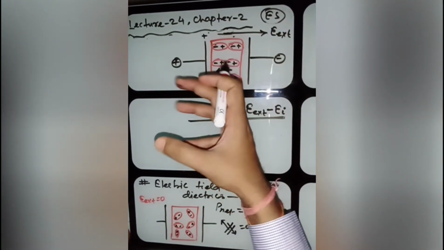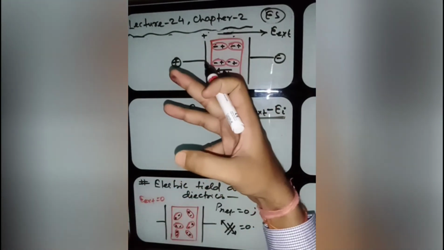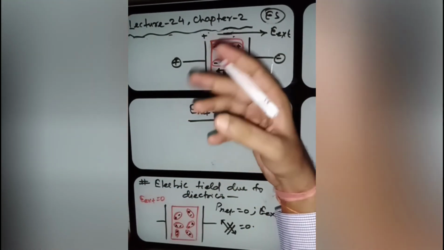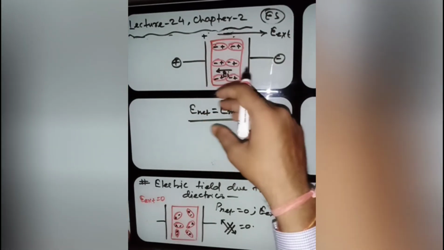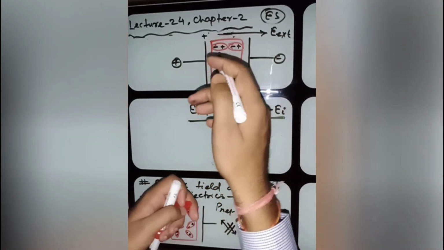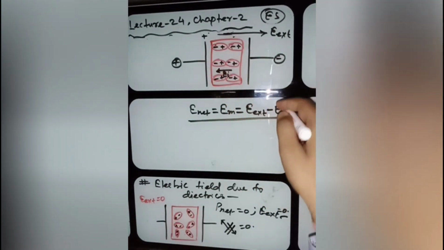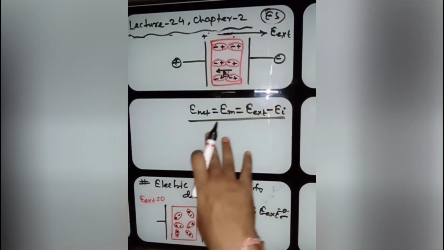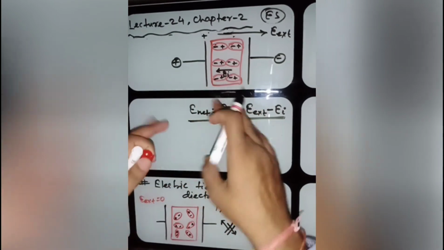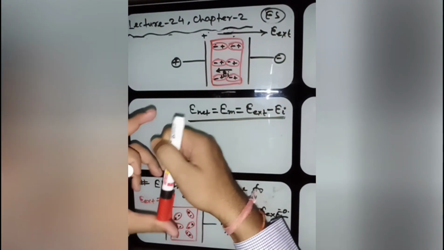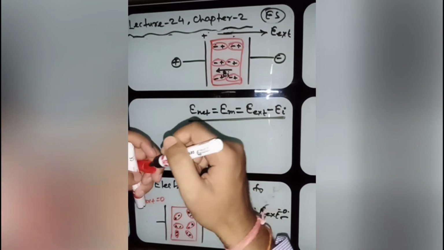But now a pole has arisen, and that is why we will study polarization. How the net electric field decreases, by what factor, and how we use it, we will study in the next lecture, my dear students. Thank you very much.